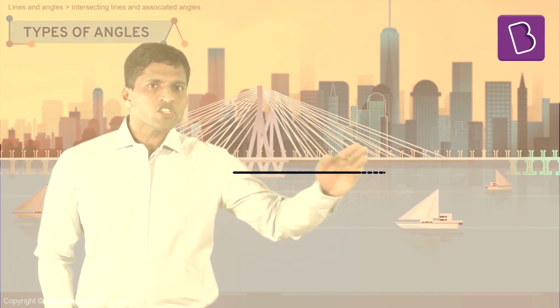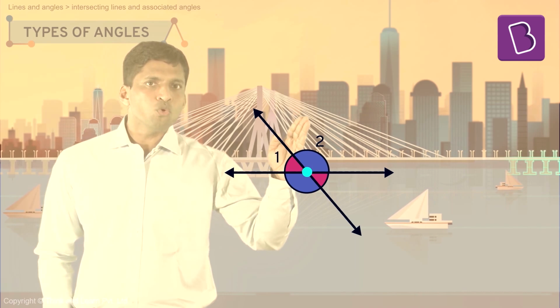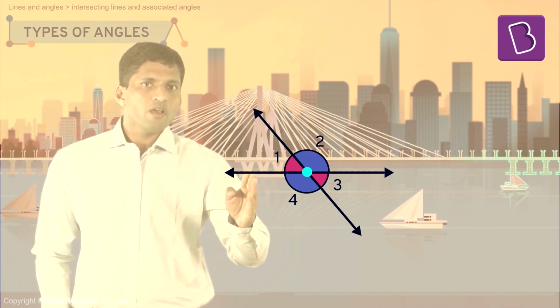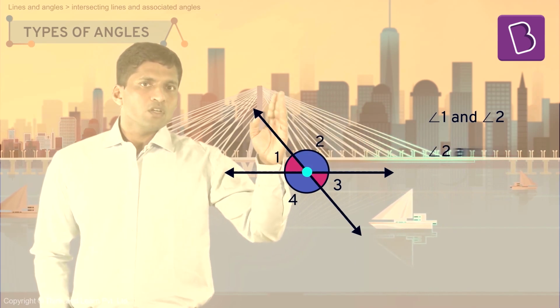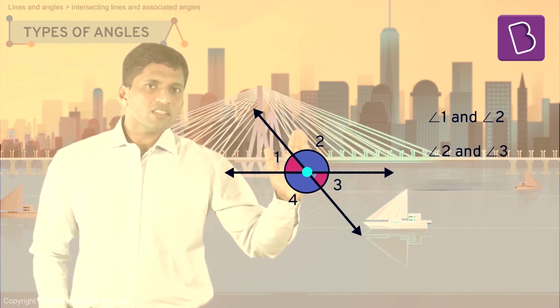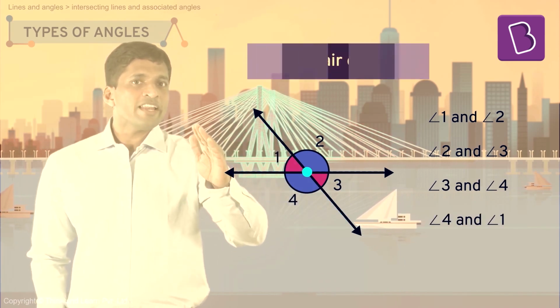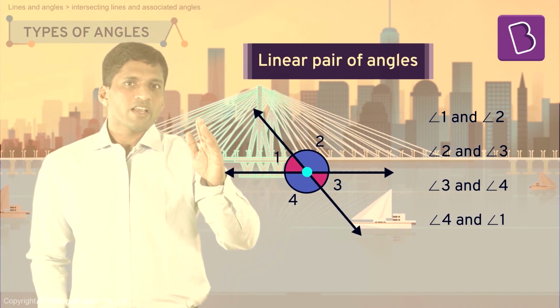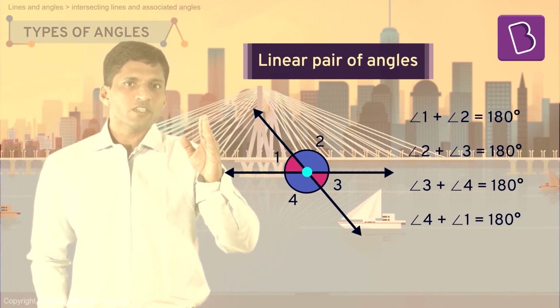Now, just to summarize, it's very simple, but I'm just going to summarize what we have done till now. When two lines intersect like this, and if I name the angles as 1, 2, 3, 4, the pairs of angles 1 and 2, 2 and 3, 3 and 4, and 4 and 1 are all linear pairs of angles, and each pair will add up to 180 degrees.